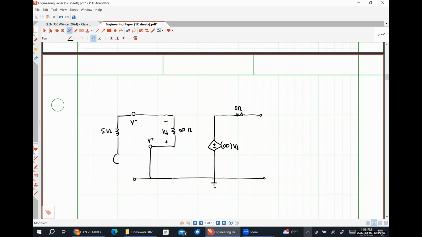This is 5K, 1 volt. $10K. Here's the V out that we're trying to solve for.